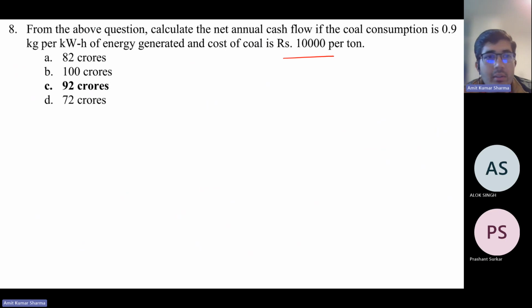Okay. After that, you need to find out the cost of coal. You have been given that the cost of coal is 10,000 per ton. So you can convert the quantity from kg to ton and multiply it. So that will be your cost.